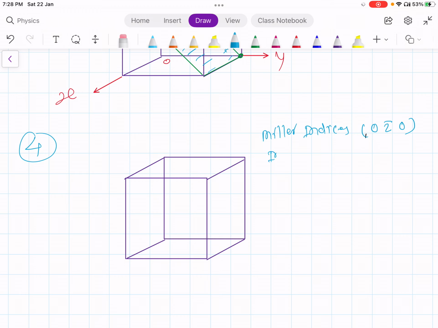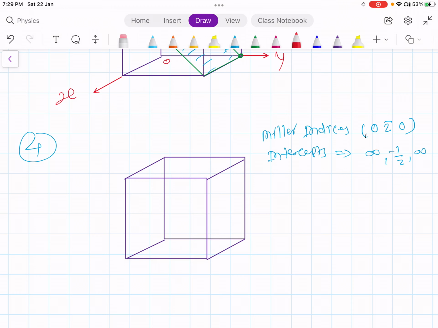So the intercepts are infinity, minus 1, and infinity. So this plane is parallel to the x and z axes, and it is cutting the y-axis at minus 1. Now here we want positive x and positive z, but we want negative y.